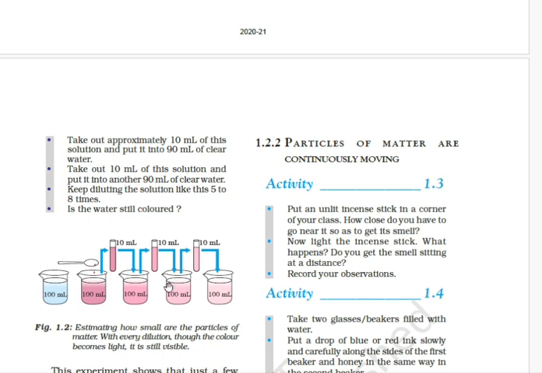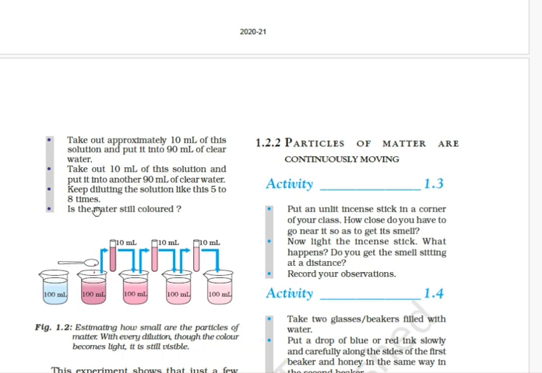Like this we keep diluting the solution 5 to 8 times. Diluting means that we add more and more water.